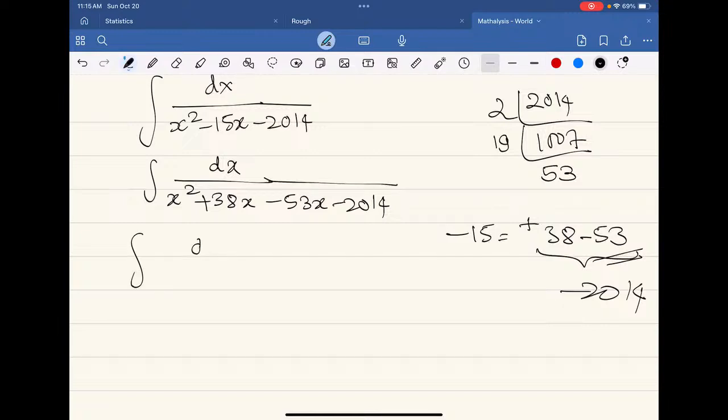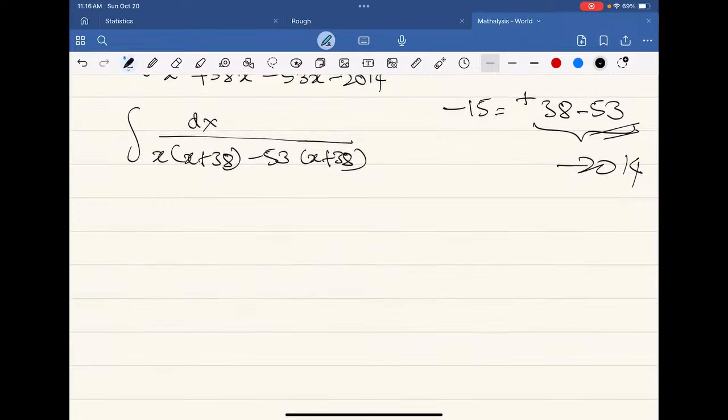And that is dx divided by x plus 38 minus 53 times x plus 38, right? Again, that will be dx divided by x plus 38 times x minus 53.